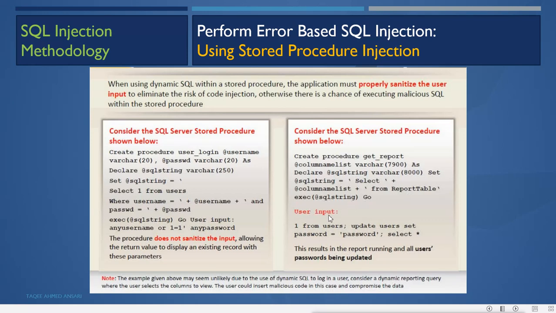Here user input is added: where 1 from users, update user set password is equal to this, and select star. This results in the report running and all users' passwords being updated to the new password, which will be password. So if this query is successful, it will do this thing.